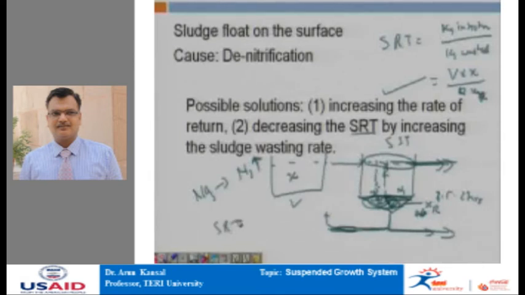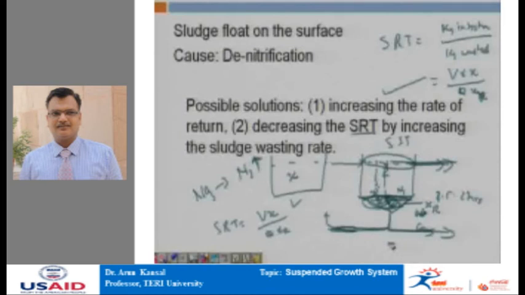So, SRT is equal to volume times X divided by Q times XR. By increasing the sludge wasted, we are increasing the Q, that means we are decreasing the SRT. So, SRT gets reduced by increasing the Q which is wasted out of the system.